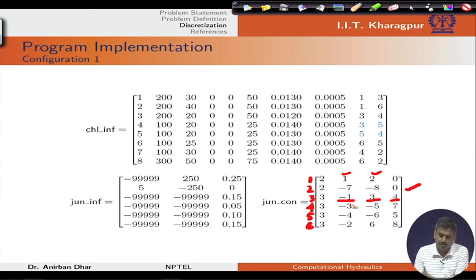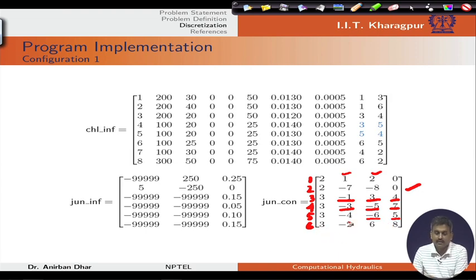For junction 4, we have the end section of 3, the end section of 5 and the starting section of 7 connected. For junction 5, we again have 3 connected channel reaches. -4 means the end section of channel reach 4, the end section of channel reach 6 and the starting section of channel reach 5 are connected.